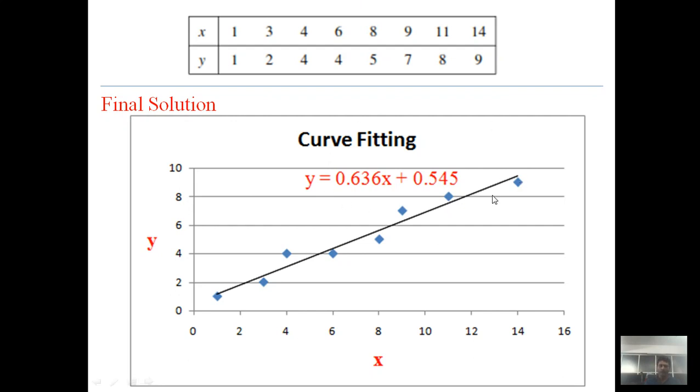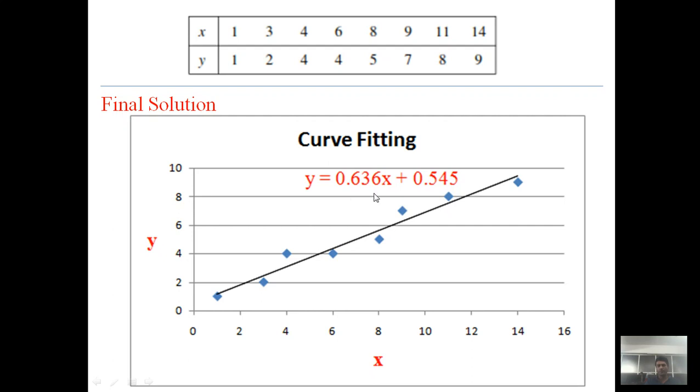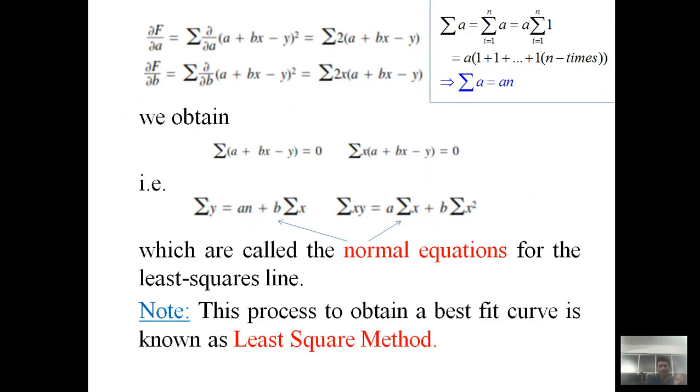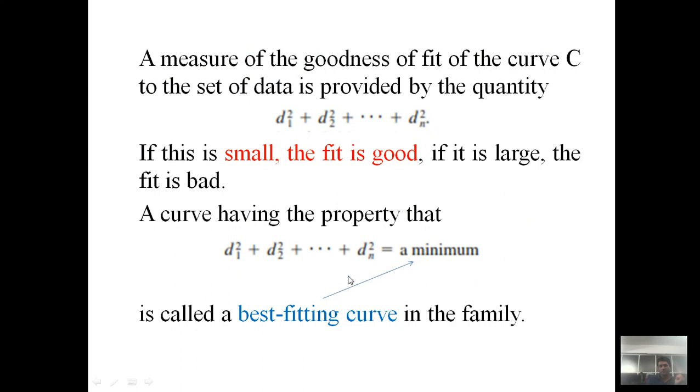And we have to find out the equation, so y equals 0.63x plus 0.545, and this is the equation which represents this line. As you can see here, our aim is to find the best fitting curve in such a manner that the sum of di square is minimum.